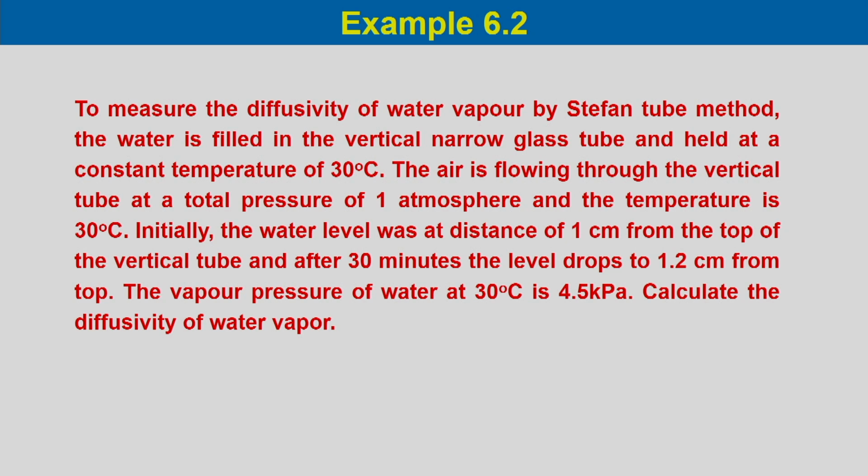Initially, the water level was at a distance of 1 centimeter from the top of the vertical tube, and after 30 minutes the level drops to 1.2 centimeter from the top. The vapor pressure of water at 30 degrees centigrade is 4.5 kilopascal. Calculate the diffusivity of water vapor.